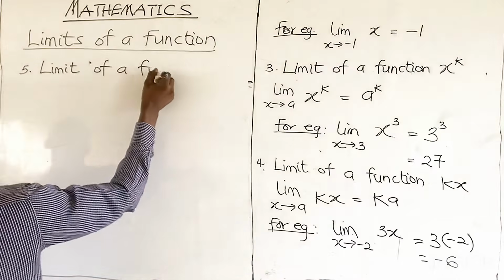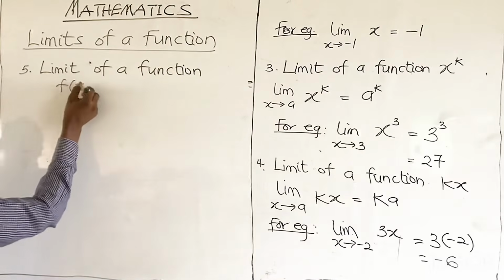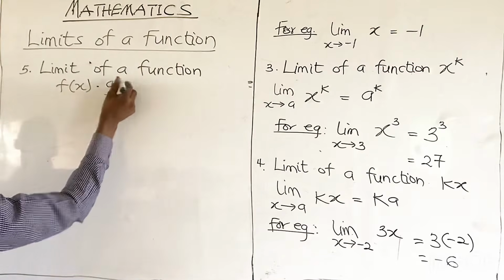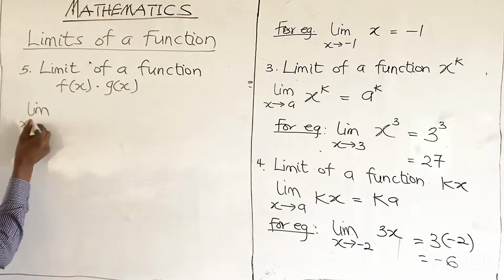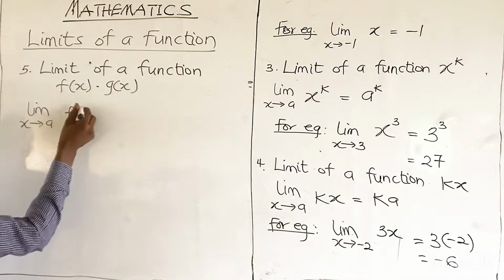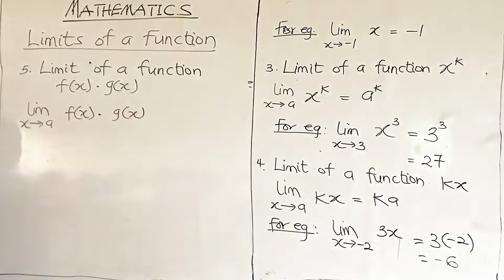The fifth one is limit of a function f of x multiplying g of x. So we have limit as x approaches a of f of x dot g of x. Over here we are going to expand.